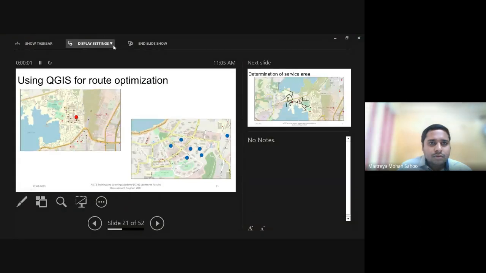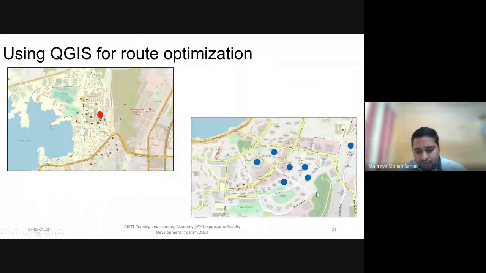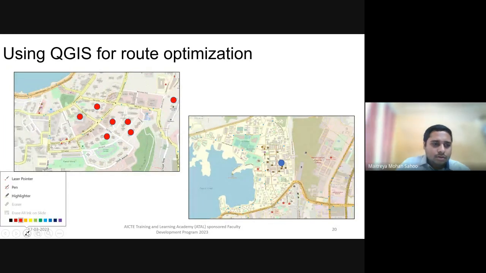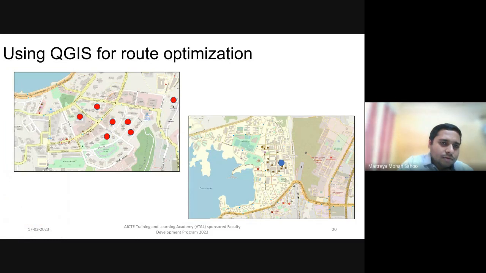So if we use the option, basically what it would be doing is that the shortest route from layer to point will give us the shortest path from each of the points of the source to the destination point. For example, if I click on this point, it would give me one route from this point to the source.